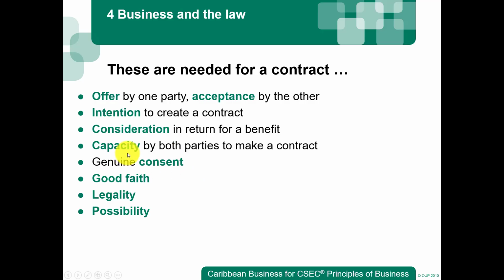Genuine consent, as it says, everybody agrees. There's no malicious thing, nothing behind it. Everybody agrees. Same thing, good faith, in a similar way. Good faith means that you have said everything in relation to the contract.